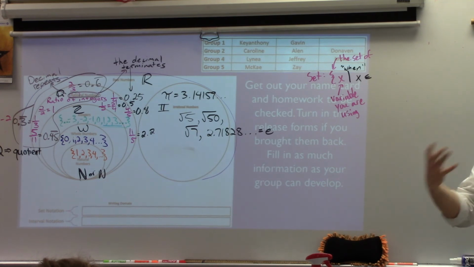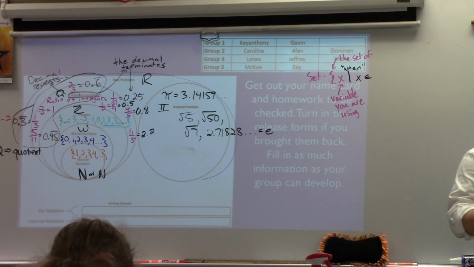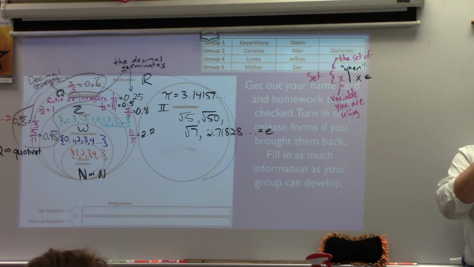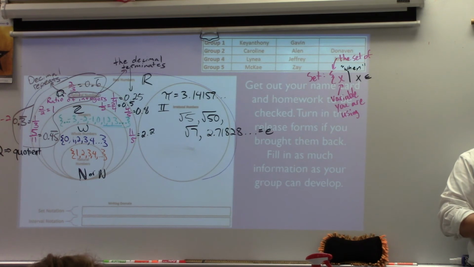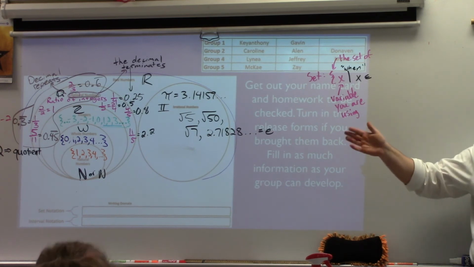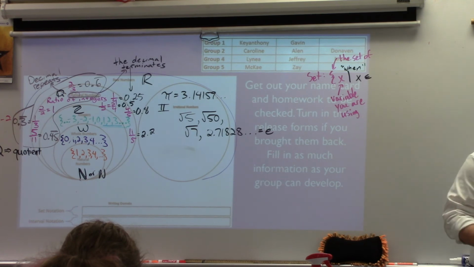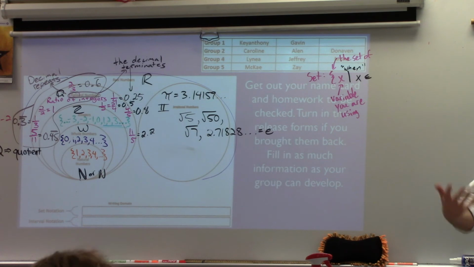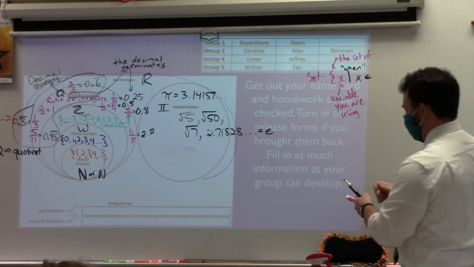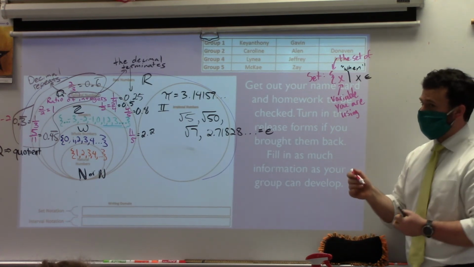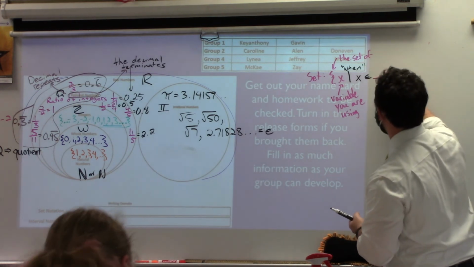So it could be whole numbers if you're dealing with what type of model? What type of model would have whole numbers? Continuous or discrete? Discrete. Right. Whole numbers have a lot of gaps in there. We don't have everything in between 0 and 1. So if it's discrete, you could use the whole number system. If it's continuous, you would use the real numbers.